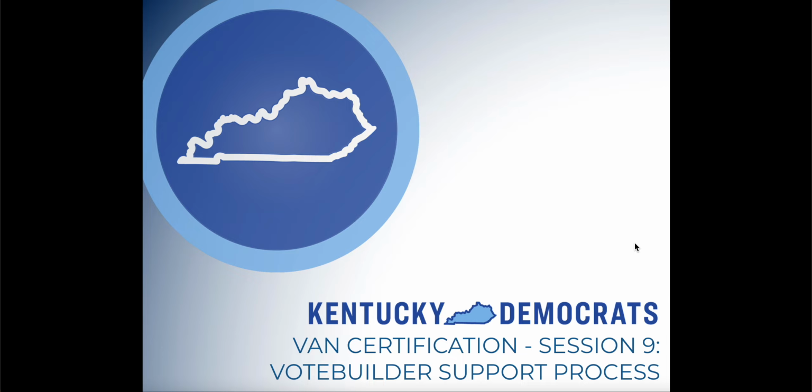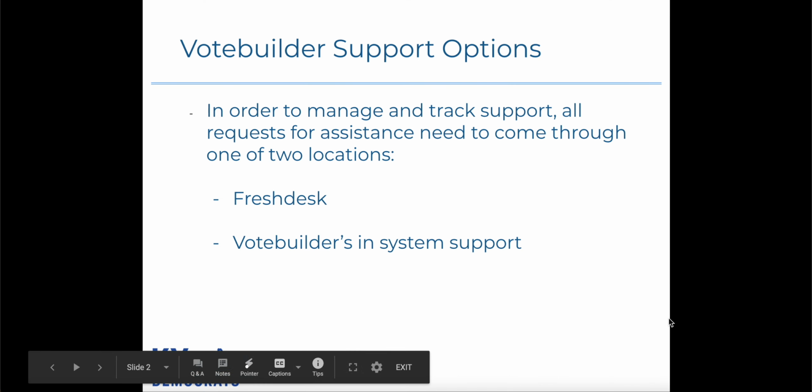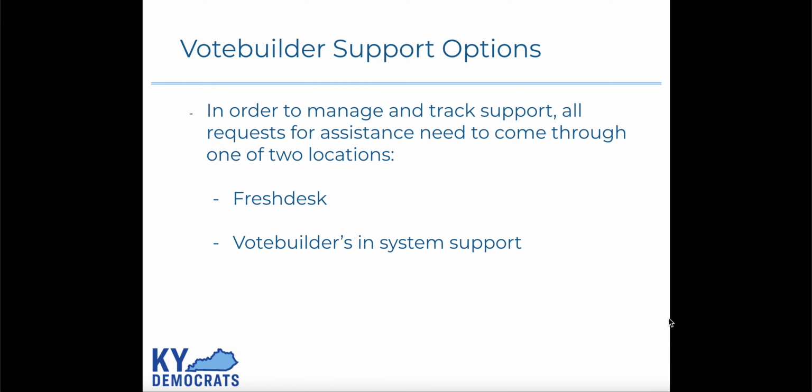Today we're going to go over some support processes to help make sure folks know the best way of getting a communication when they need assistance and where that can be found. So for support options, there's really two options that we have that are very complementary but very different. One is Freshdesk.